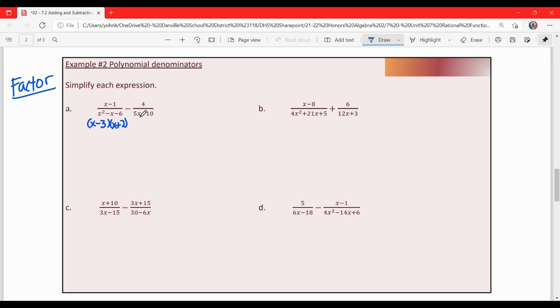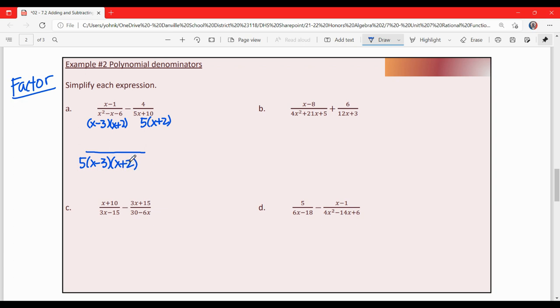Then if I look at the bottom right, I can take a GCF of 5 out and I'm left with x plus 2. So when I do my fraction, I have to have an x minus 3, so I put that there. I have to have an x plus 2, so I put that there. I have to have a 5, so I'm going to put that in front. And I have to have an x plus 2, but I already have an x plus 2, so I'm good to go.